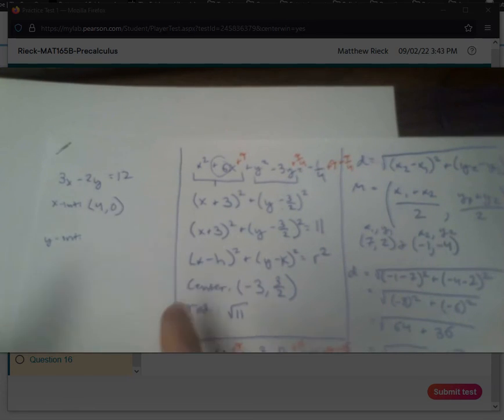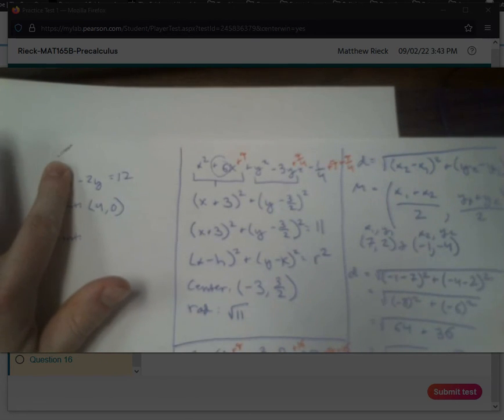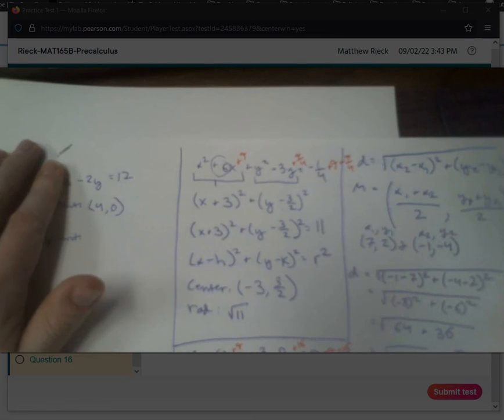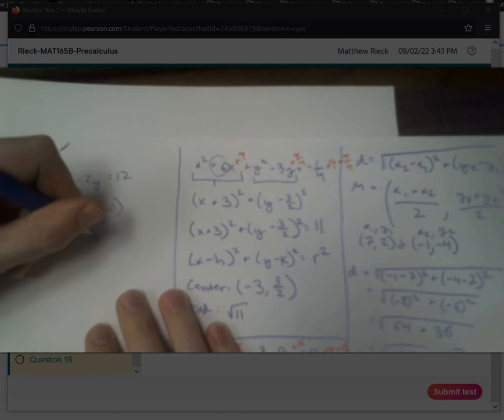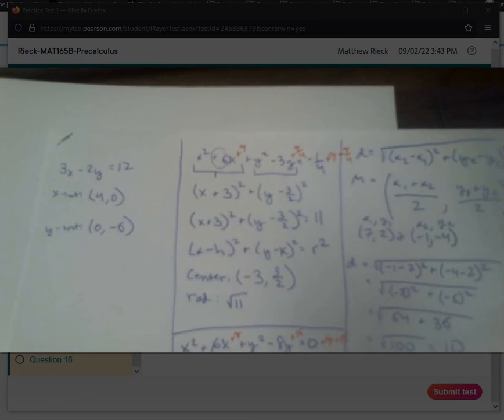All right, and then find your y-intercept, in a similar vein. You're going to set your x value equal to 0, so you can just ignore the x part, and then you solve the equation for y. So you have -2y equals 12. So that means that y is going to equal -6. So my y-intercept is going to have x coordinate of 0 and a y coordinate of -6.